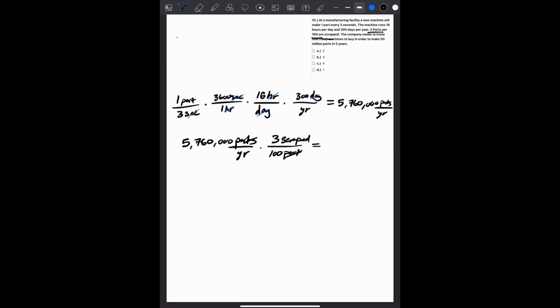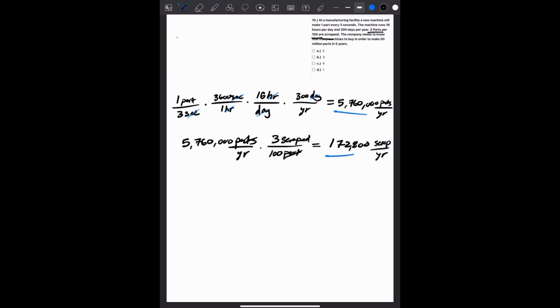So if we multiply that by 3 over 100, we are going to get 172,800. Get my commas right. Scrap per year. So now let's subtract this from this.